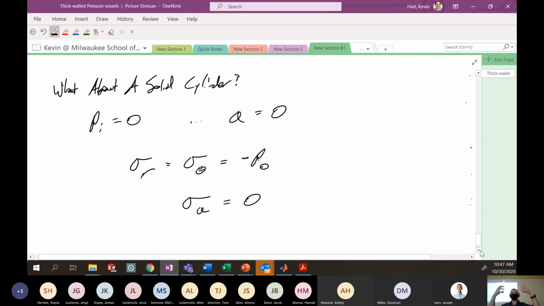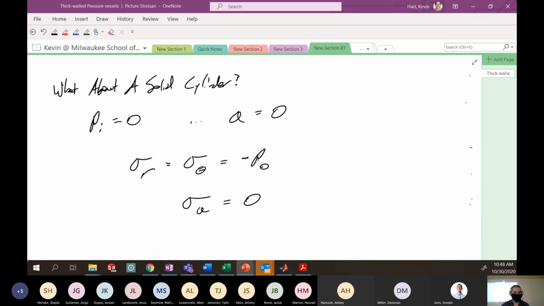You've got a solid bar of material with some external pressure on it. That axial stress doesn't really have anything going on. You're just assuming there are free ends on it, it's uncapped. And then the radial stress through the center of that solid rod is just equal to whatever pressure you have bearing down on that rod. So it's constant throughout the structure.